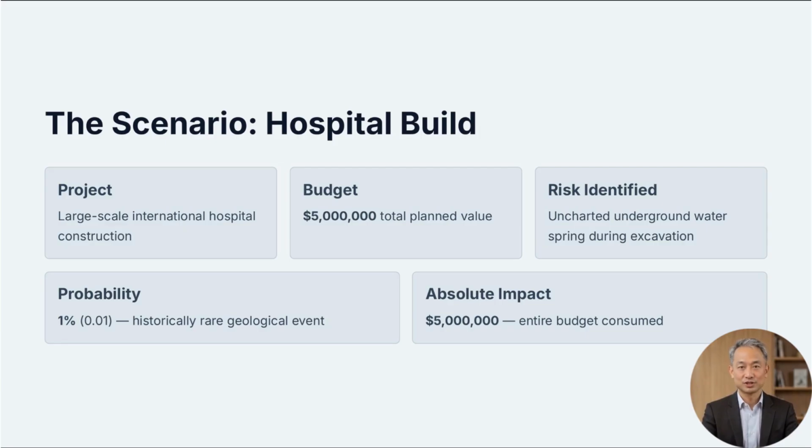Because the historical geological data shows this is incredibly rare, the team assesses the probability at just 1%, which is represented mathematically as 0.01. However, if you actually hit that spring, the absolute financial impact to remediate the foundation will consume your entire $5 million budget.